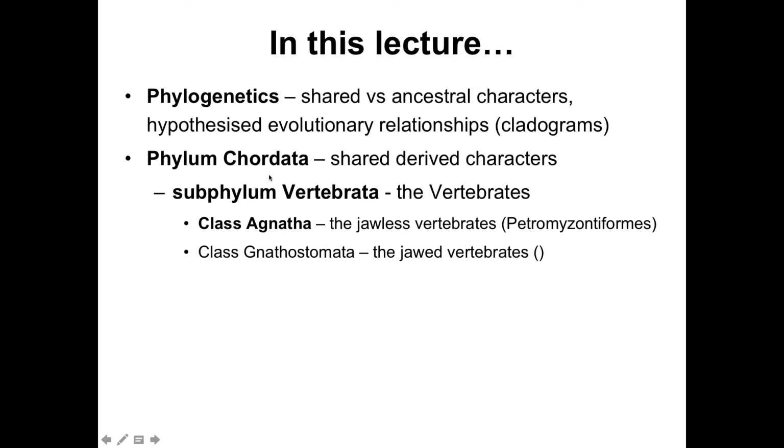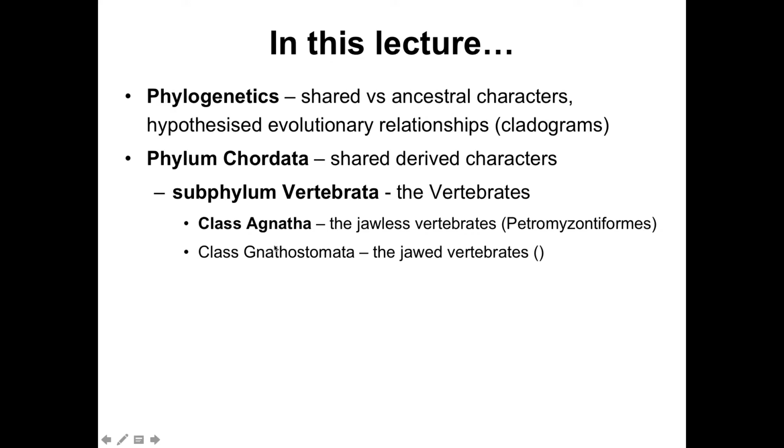Then we'll move on to the phylum Chordata. We will talk about which features, which characters are shared, derived characters that all chordates have in common. And then we will focus on the vertebrates, which are actually a subphylum of the phylum Chordata, the subphylum Vertebrata. That's where the vertebrates belong. So not all chordates are vertebrates, in other words.